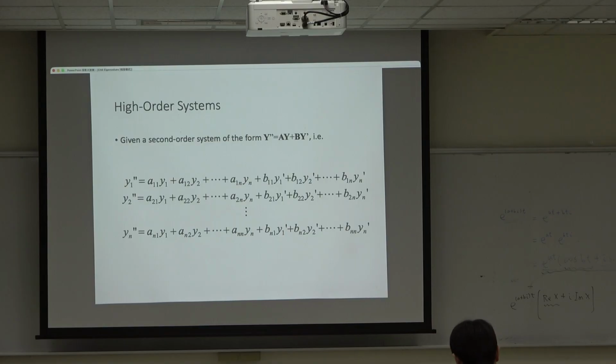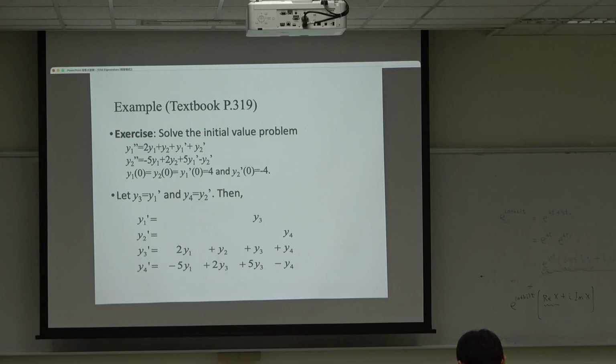This is an example, and it even provides initial conditions. But I will not go into the detail, because originally it's 2x2, but now it involves a 4x4 matrix. It's a little bit big and takes some time to solve, but you get the idea.